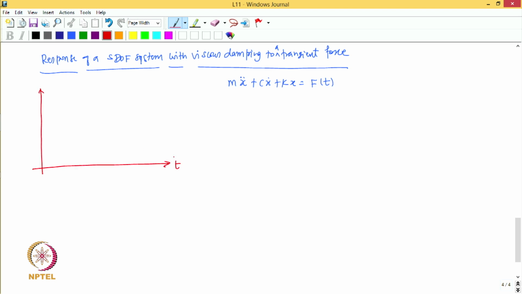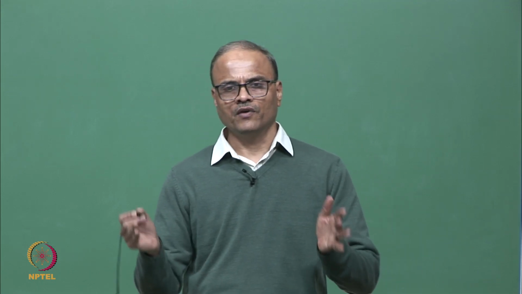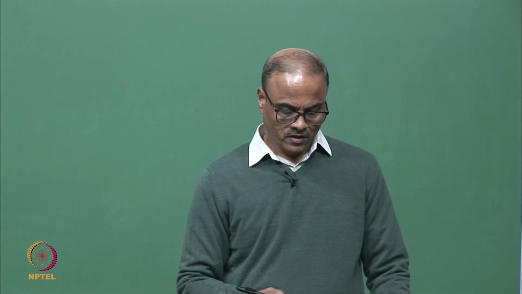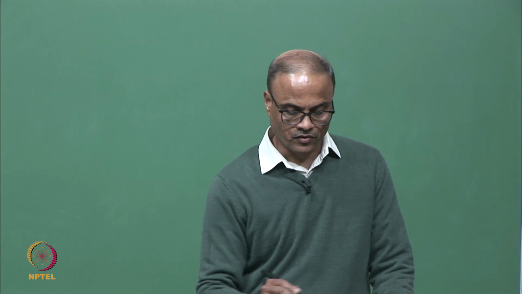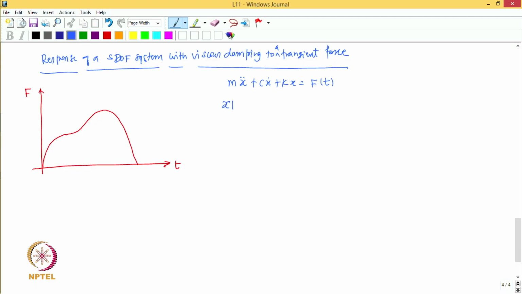It is a transient force, a force for a finite duration. A transient force is a force which acts for a finite length of time on the system. So, how can we find the response of the system to such a force? Our objective is to find x of t, and we are going to determine that in the time domain.